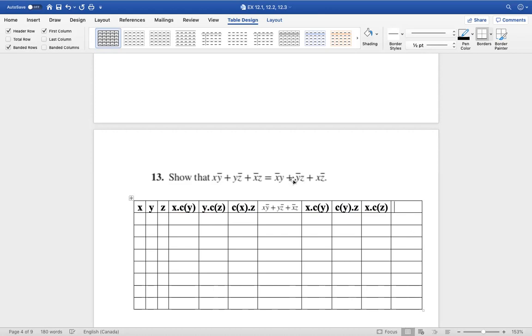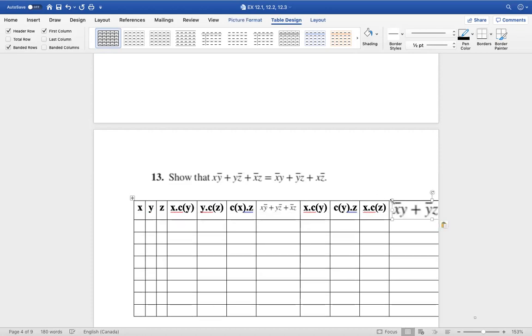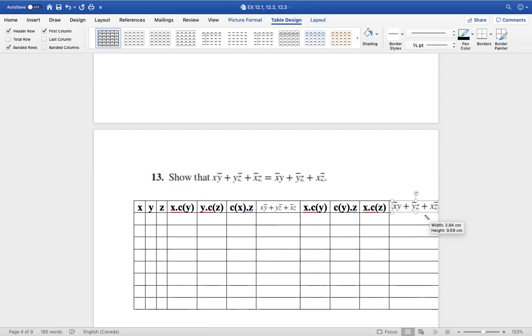And then we have this thing here. Okay, so we have x complement y, y z complement, x complement z.